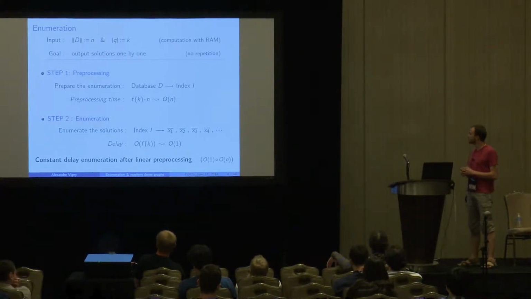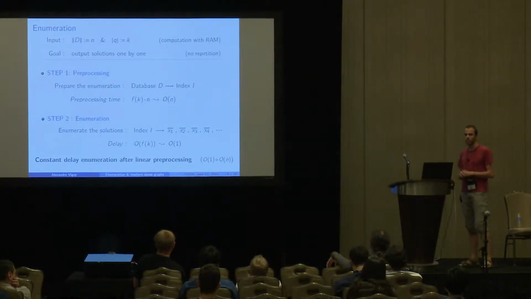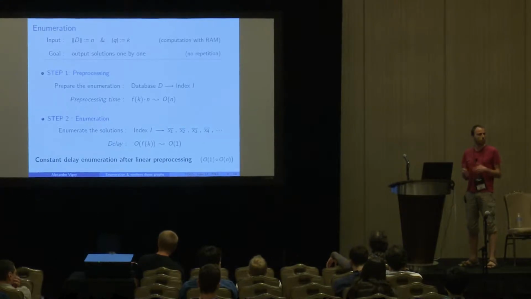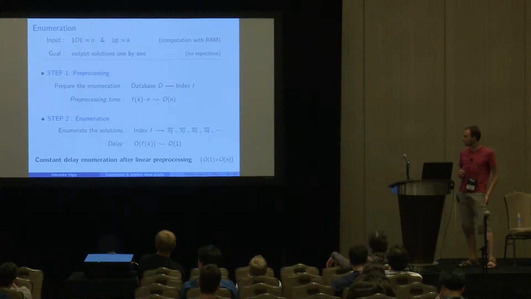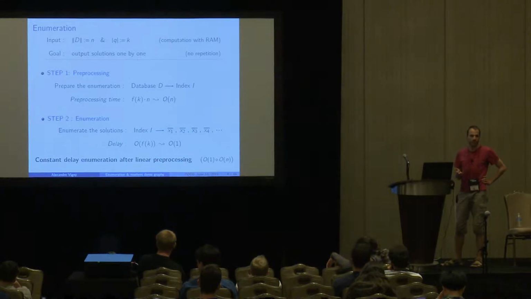In this first step, you're allowed to do some pre-computation. You can compute pointers, new colors, anything you want. And ideally, it will only take time linear in the size of the database. When the pre-processing is done, you've built what we call an index, and then you can start the second step.